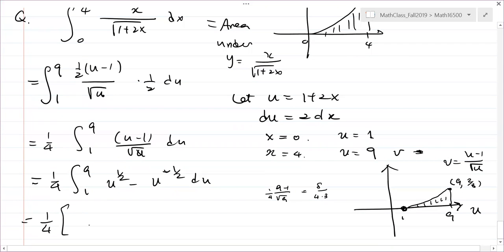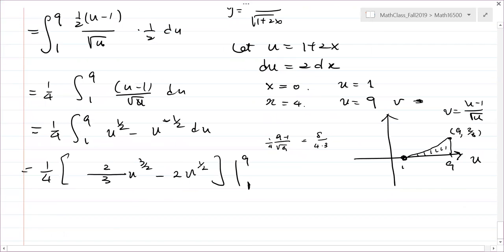All right, so we find the antiderivative of the first one is 2/3 u to the 3/2. The antiderivative of the second one, I think, is going to be 2 u to the 1/2 when you differentiate. Yes, it's from 1 to 9. So let's evaluate.